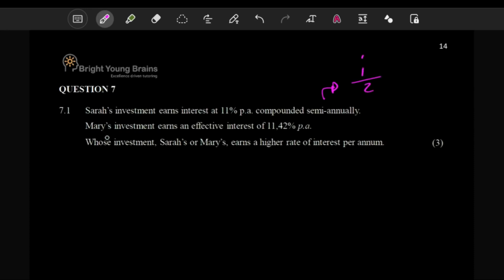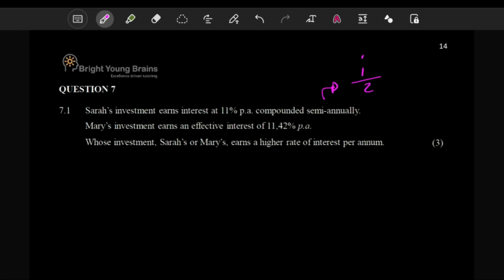And then it says here, Mary's investment earns an effective interest of 11.42% per annum. Whose investment? Oh, that's Mary. I meant to say Mary when I read Sarah. I'm sorry. So two people: Sarah's investment is 11% per annum, compounded semi-annually.